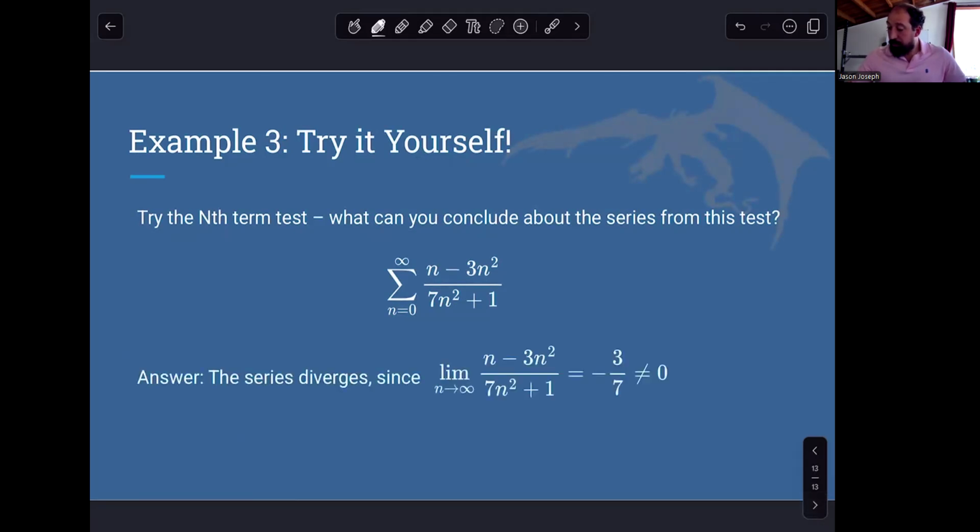If you evaluate that limit of the terms, they're going to approach -3/7. We did an example similar to this in the last video. If you don't know how to compute that limit, go watch the previous video. But the limit is -3/7, which is not 0. That means by the nth term test, I know that this series diverges.